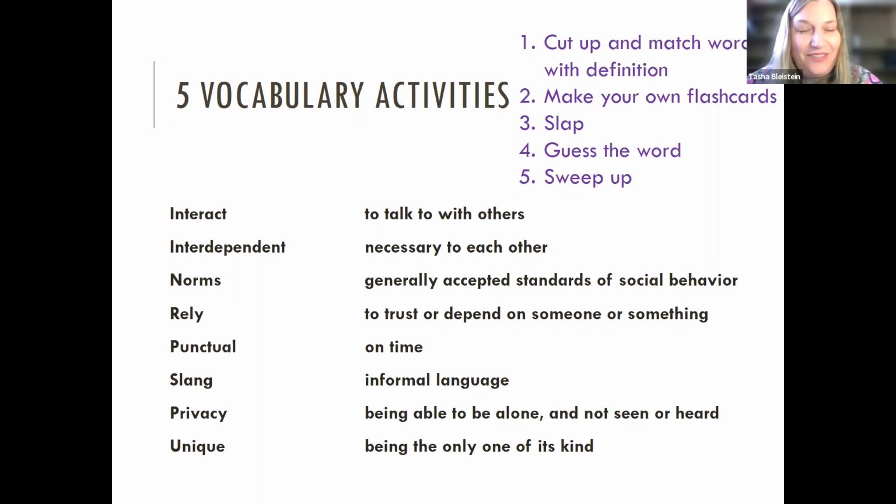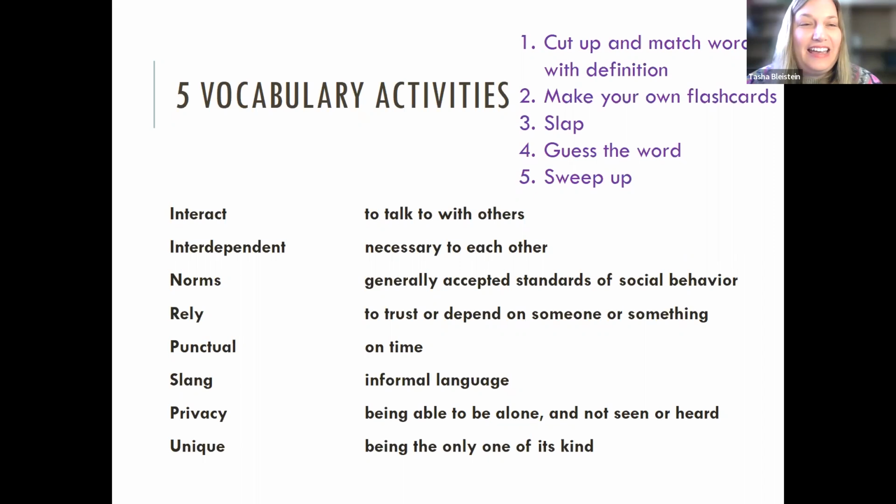So the first activity, they get a little packet with the words and the definitions mixed up, and then they have to match the word and the definition. So they could work with a partner and they can match the word or the definition. That's their first activity. And we can check as a class, okay, did we get all the right words with the right definitions? Then I have them maybe make their own flashcards.